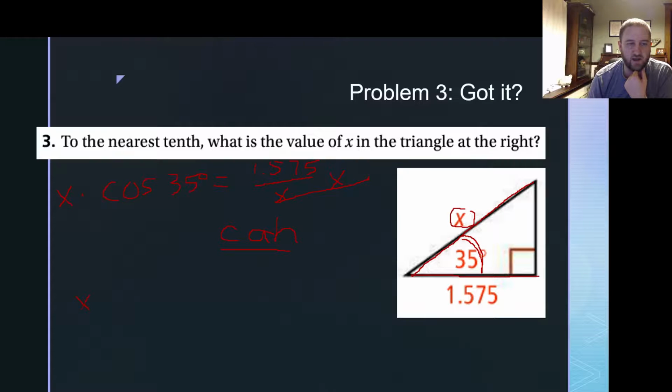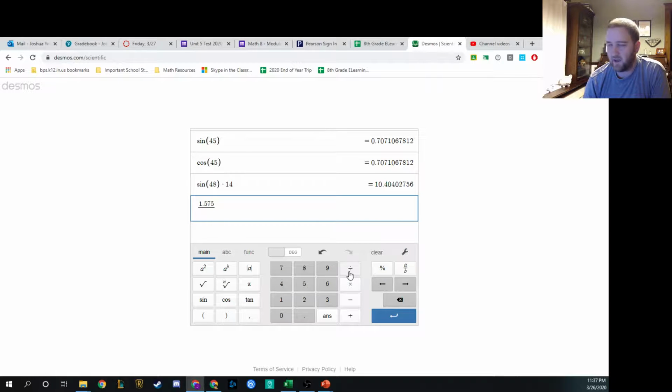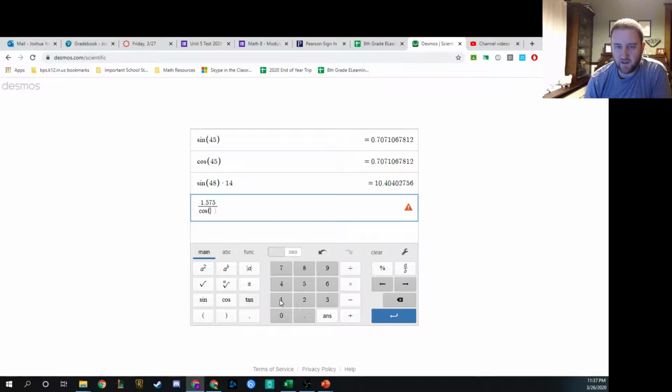Because we get x times the cosine of 35 equals 1.575. And then we want to divide by the cosine of 35 to cancel this out right here so that we get x by itself. So using our calculators now, we're going to take 1.575 divided by the cosine of 35 degrees.